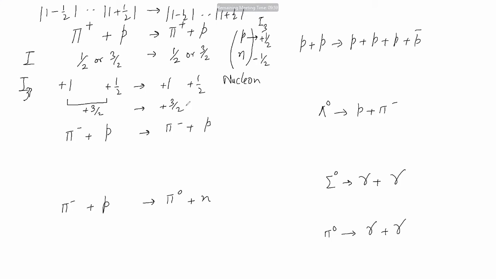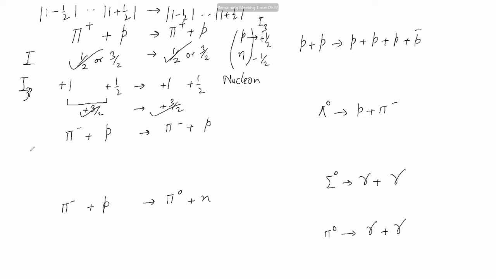And then we will say that isotopic spin is conserved, and the third component of the isotopic spin is also conserved. Then this is an example of a strong interaction.